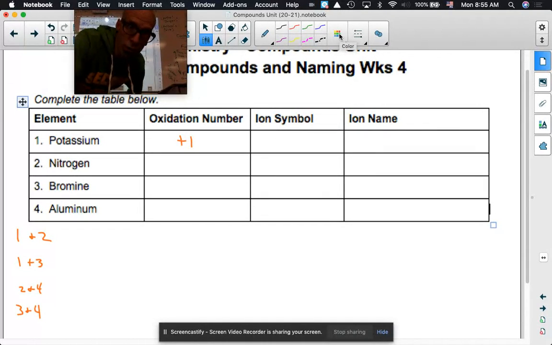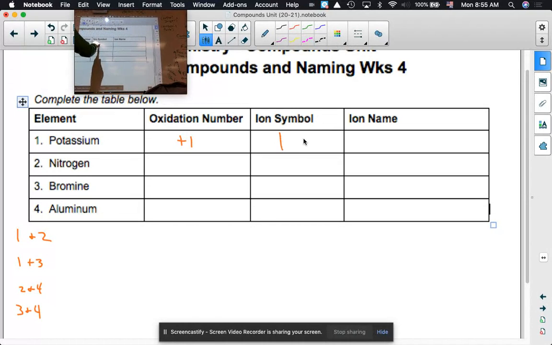+1. Oxidation number is +1 for potassium because it's an alkali metal. And then we have an ion symbol. That means it's K because that's a symbol for potassium. But I see people keep putting P. P is not potassium, that's phosphorus. So K is the symbol with a +1 superscript up like this.